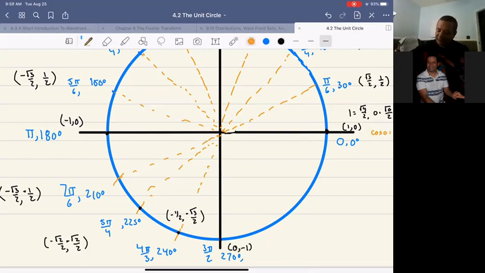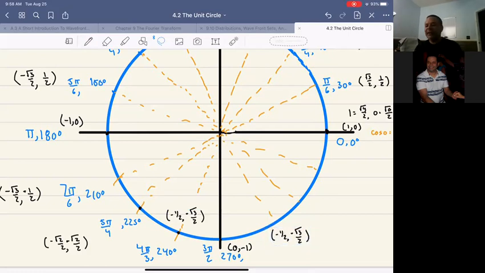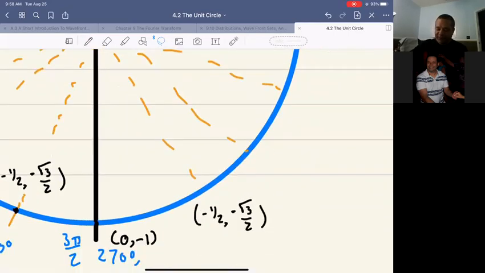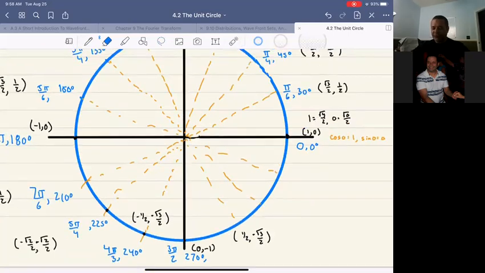Same thing here. So we're going to have the same sort of points. Now the only thing here is that the x-coordinate is actually positive while the y-coordinate is negative.